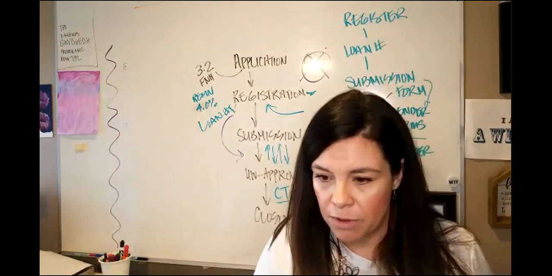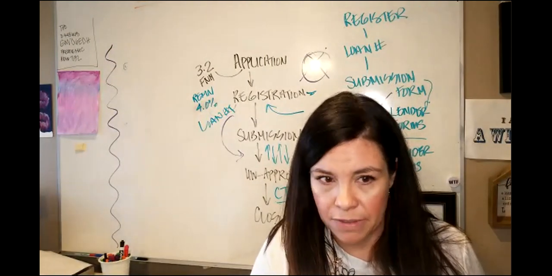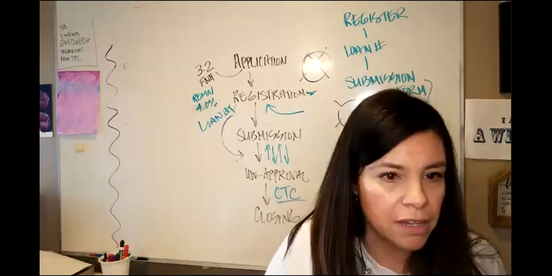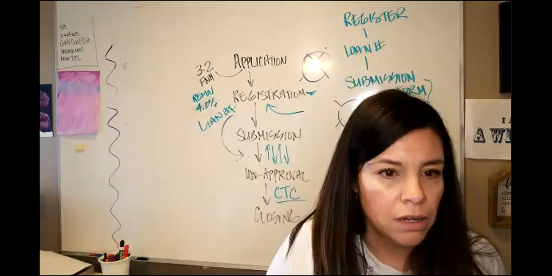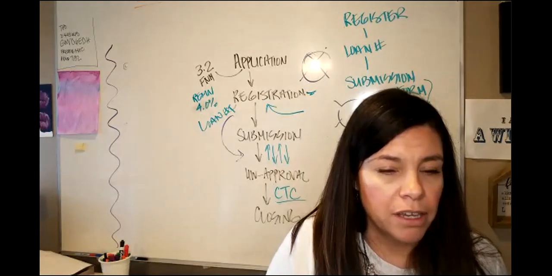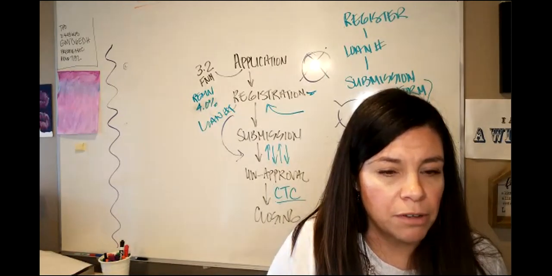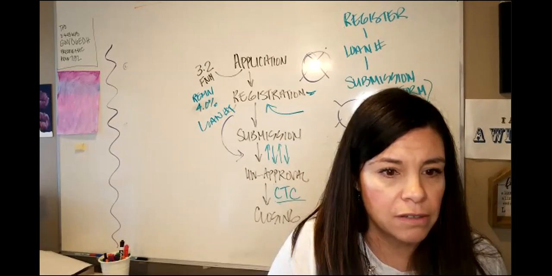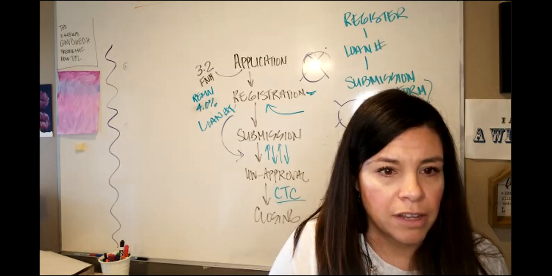I think, give me 1 second. So I think, let me see if this will work. Give me 1 second because I'm going to upload. Sorry, give me 1 second because I am going to upload for you a sample submission form and show you this really quick. Nope, not in there.